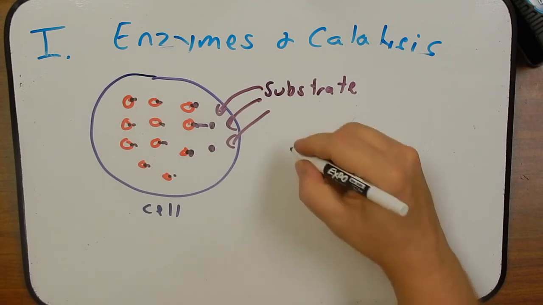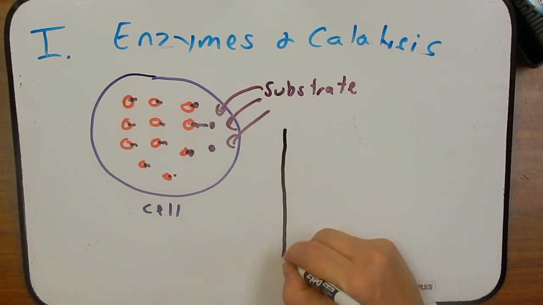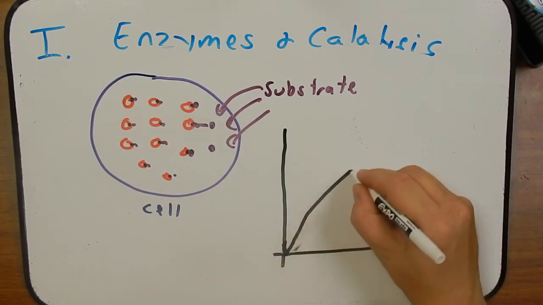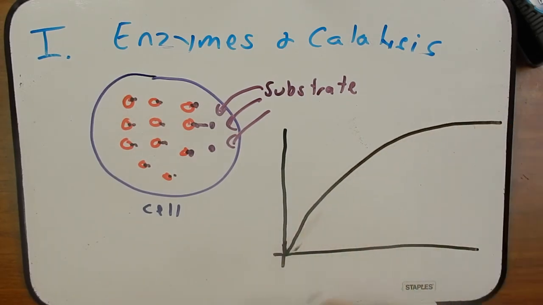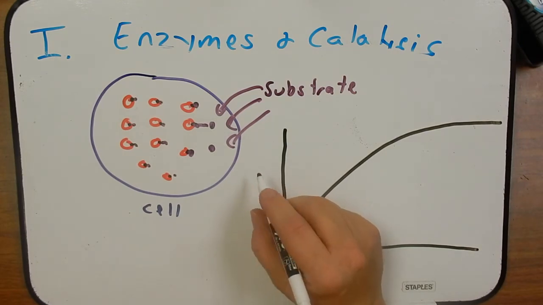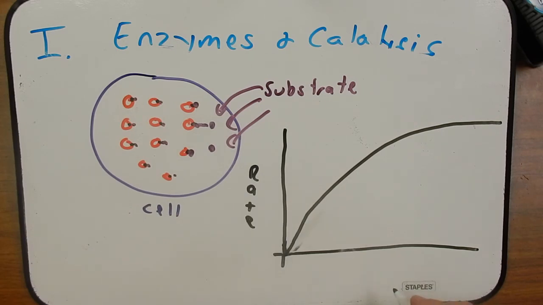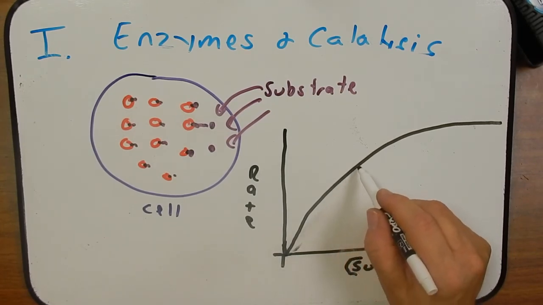So let's draw a graph here. And then we'll draw this line, like so. On the vertical axis, we have the rate of the reaction. On the horizontal axis, we have the substrate concentration. So as you're adding substrate, the rate will go up pretty fast.